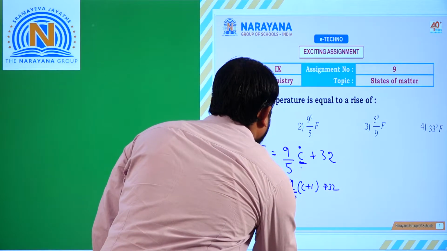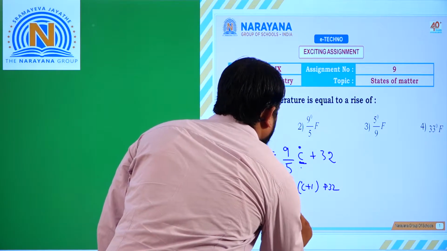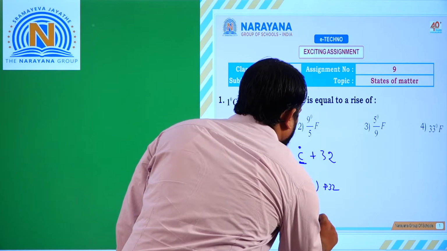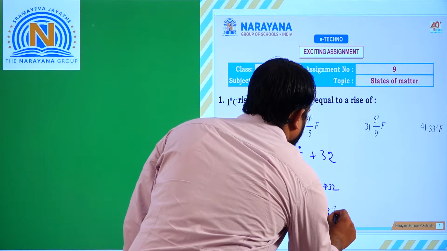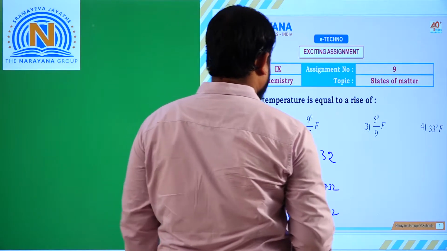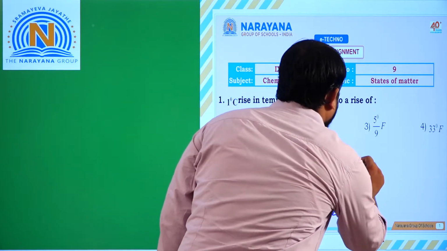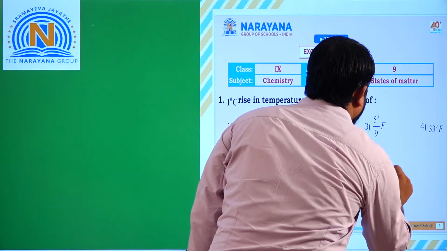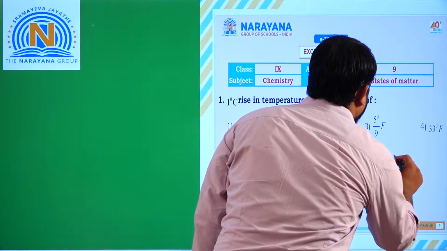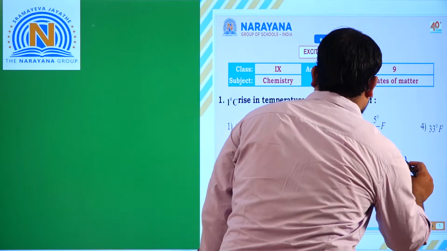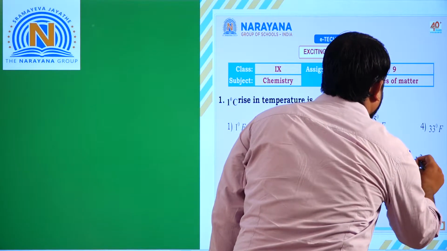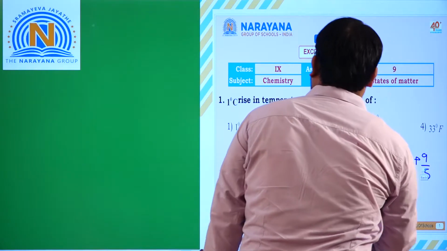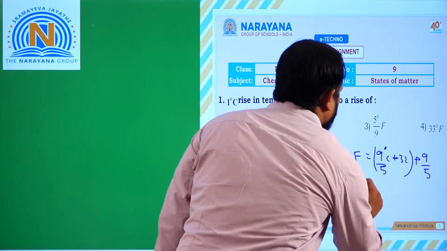So F is equal to 9 by 5 C plus 9 by 5 plus 32. So F is equal to 9 by 5 C plus 32, plus 9 by 5.